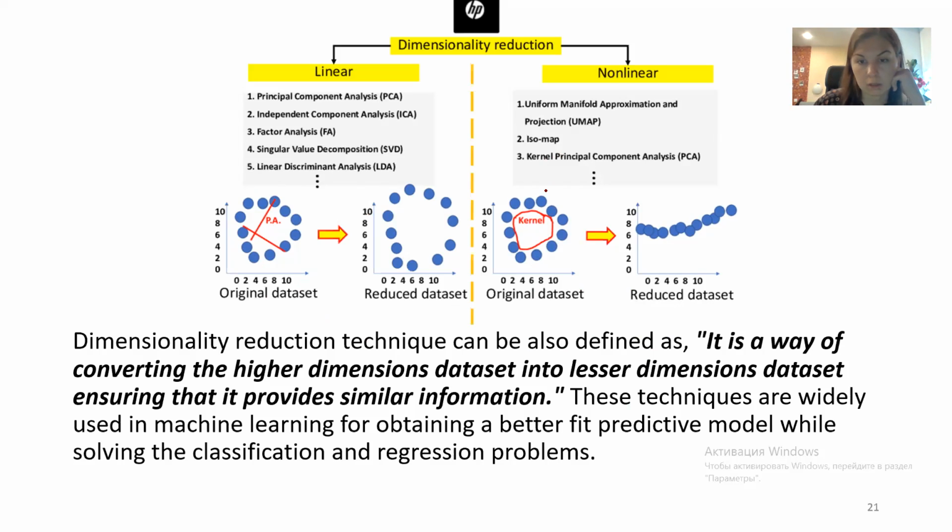But in nonlinear PCA, we have some kernel. This function actually, yes, and we project all our data set to this kernel and obtain a new data set with some new properties.